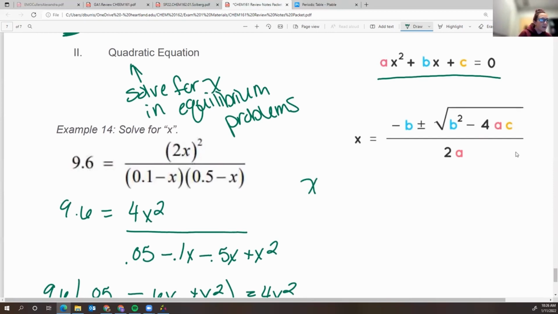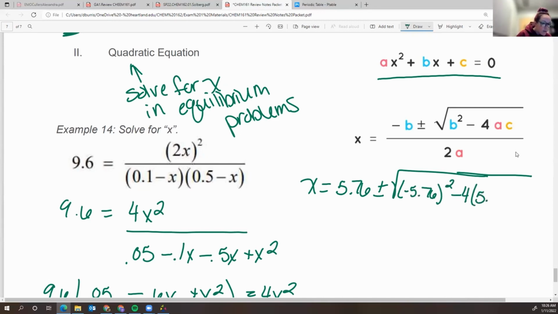So I'm going to get that x is, let's see, B is negative, so this is going to be 5.76 plus or minus the square root of, oh, this is long. Here we go. Negative 5.76 squared minus 4 times A, which was 5.6, and C, which was 0.48, all over 2 times 5.6. That looks like a lot of math.